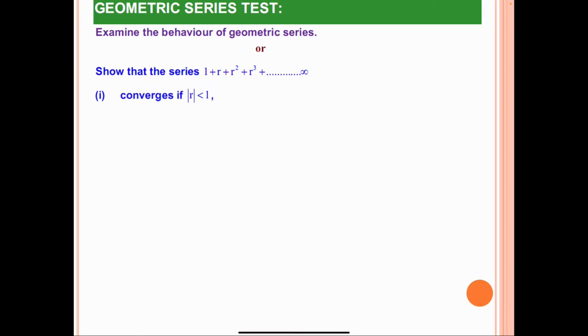This means that when r lies between minus 1 and 1, then this series is convergent. Now it diverges if r is greater than or equal to 1, then the given series is divergent. And third, it oscillates if r is less than or equal to minus 1, then the given series oscillates.